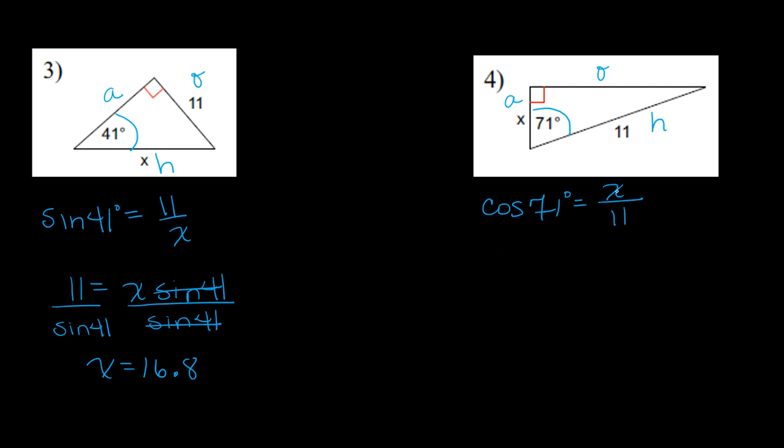Cross multiply, so x times 1, and then we have 11 times the cosine of 71. X is isolated already, so just in your calculator, 11 times cosine 71. That gives us about 3.58, so I'm going to say about 3.6.